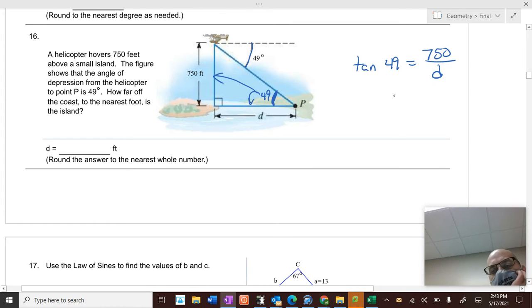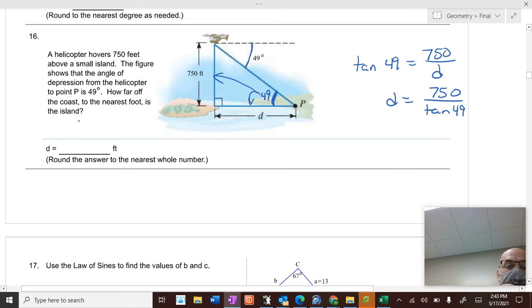So if you multiply both sides by d, d equals 750 divided by the tangent of 49. Okay? So you take 750 divided by the tangent of 49. $652.